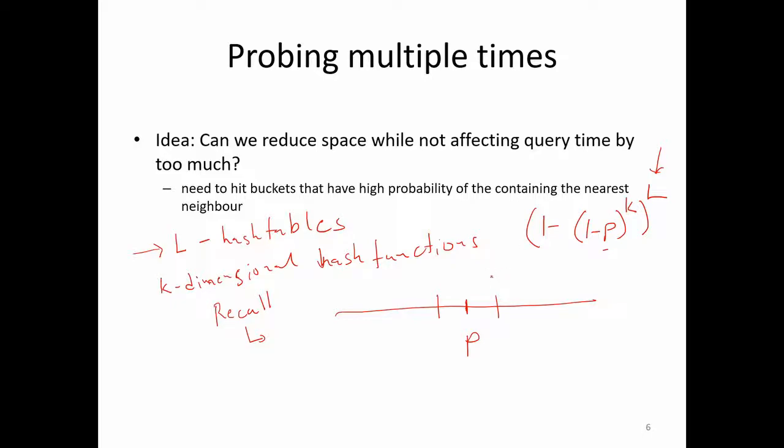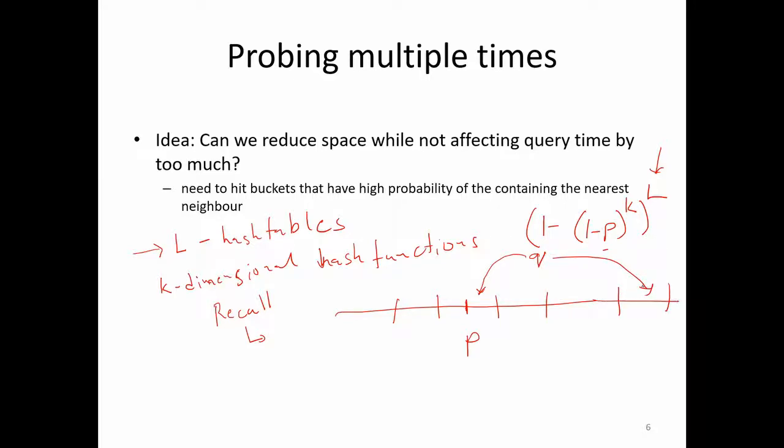For that reason, your data point Q, which is actually supposed to fall in this bucket, has now fallen in some other bucket. So which bucket would it fall in? Probably there's a very low chance that it will fall into a very far away bucket.